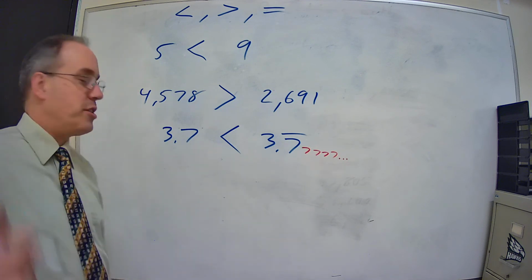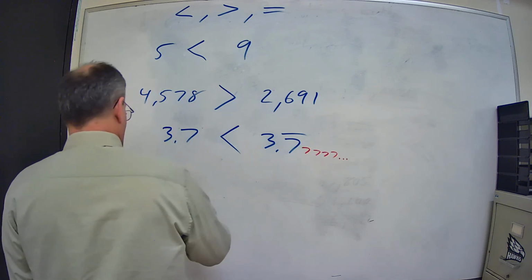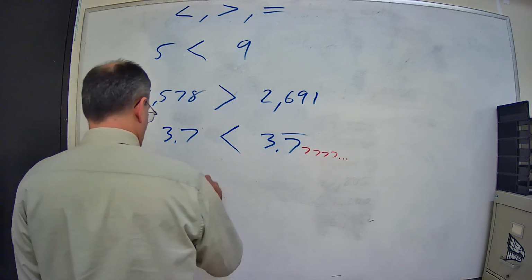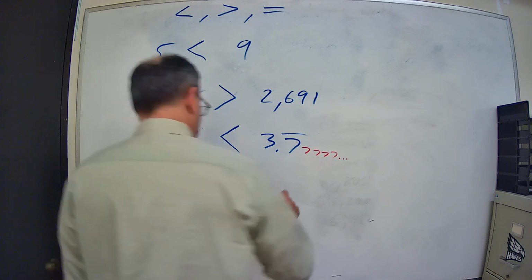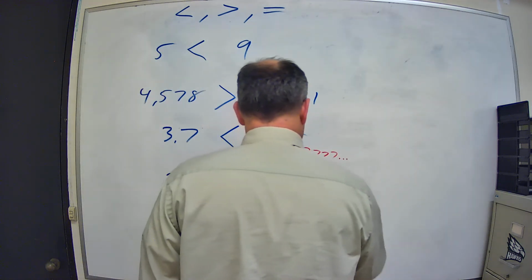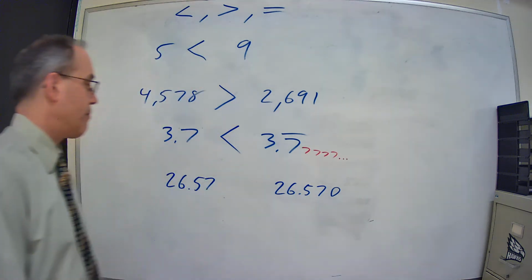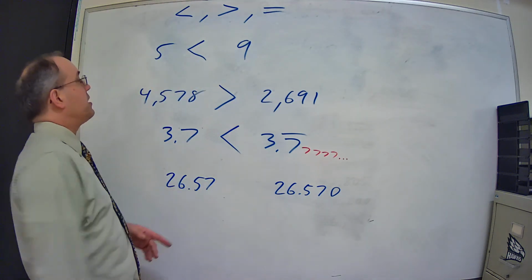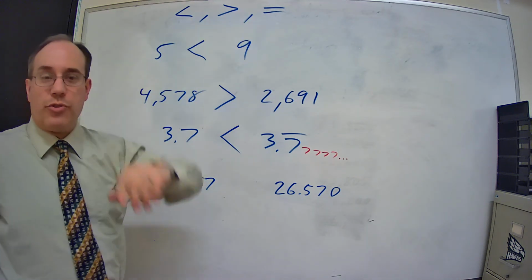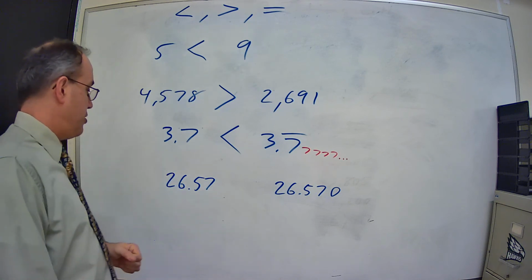Let's try one more just to make sure we're good with this. What if I have 26.57 and 26.570? I want to look at these. Is it less than, greater than, equal to? Which is the order relation I should use?